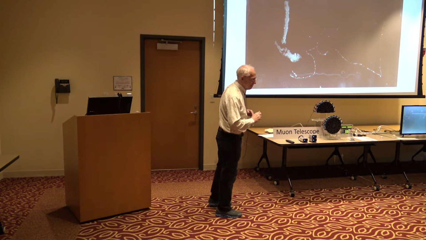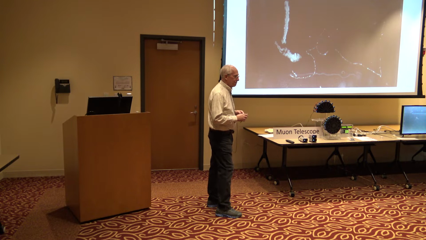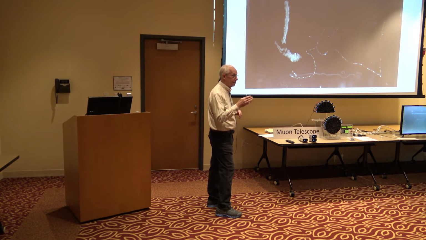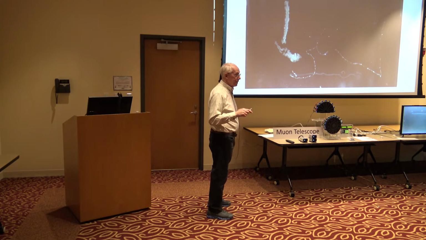Now, this is a phenomenon that was discovered by our Dr. Compton from the College of Wooster. It's called the Compton effect, or Compton scattering, where he used X-rays in a cloud chamber, very similar to this, to show that there are particles knocked out of range by an incoming gamma ray, or X-ray in this case.